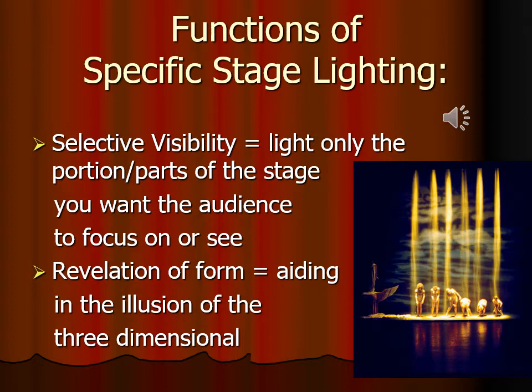You'll see the image that I have here is selective visibility, and because that light is coming directly from above, it does not aid in the three-dimensional illusion of the stage. If it were from the sides, it would do more of that. Revelation of form is used a lot in lighting for musicals, for dancers.